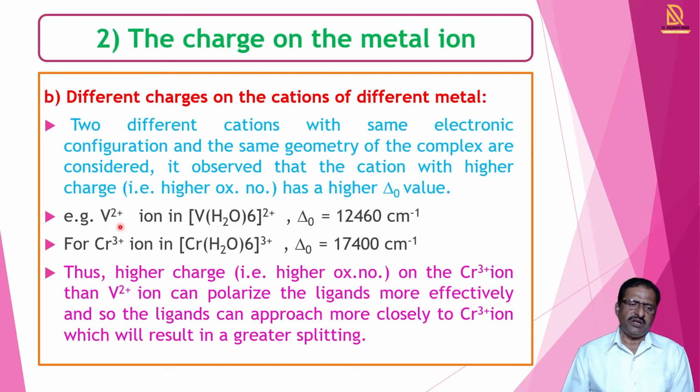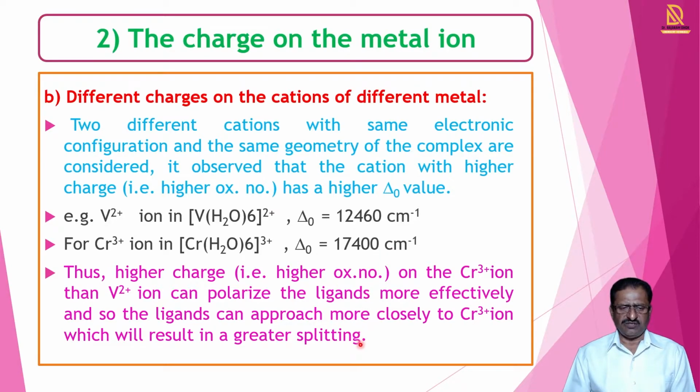We take here one example, Fe2 plus and chromium 3 plus. For the Fe2 plus ion, the example Fe(H2O)6 2 plus has a delta value of 12460 centimeter inverse. And for Cr3 plus, the example Cr(H2O)6 3 plus has a delta value of 17400 centimeter inverse.